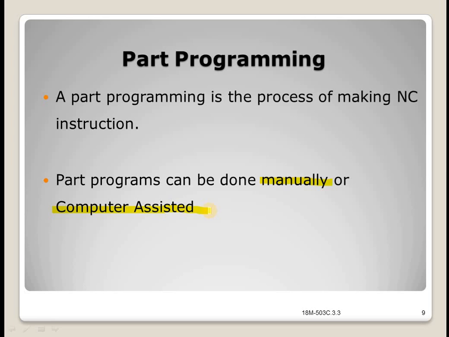Over the past years, a lot of effort has been devoted to automating part program generation with the development of CAD or CAM systems. Interactive graphics systems are integrated with NC part programming. Graphics-based software using menu-driven techniques improves user friendliness.